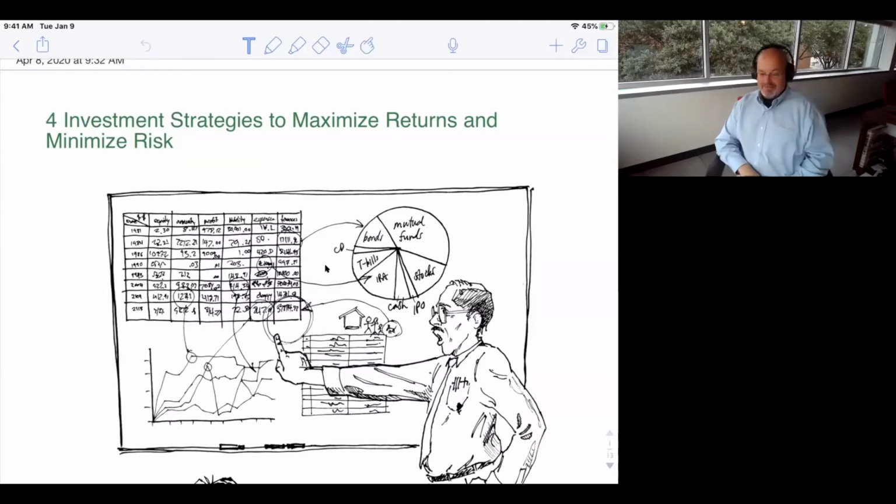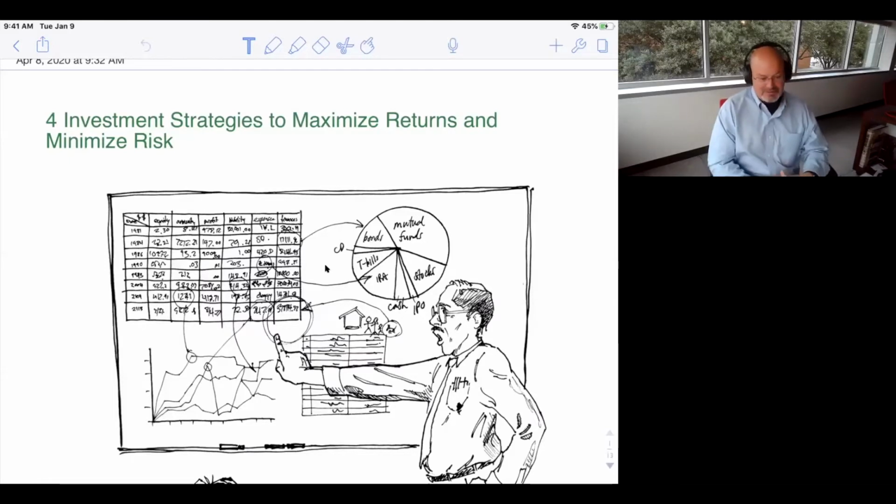So we're going to talk about investments today. This is probably the most popular lesson in the course, certainly one of the funnest to teach. If you follow the market, if you pay attention to the market, you may be seeing that over the last few weeks we've gone through some really historic events relative to the stock market.